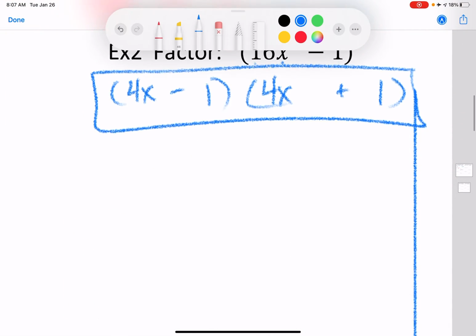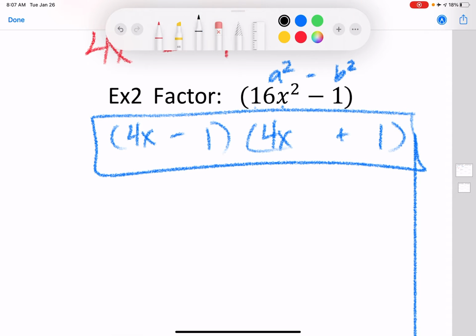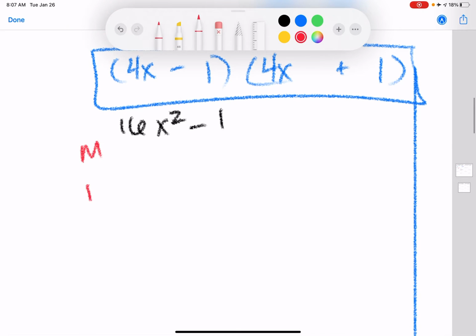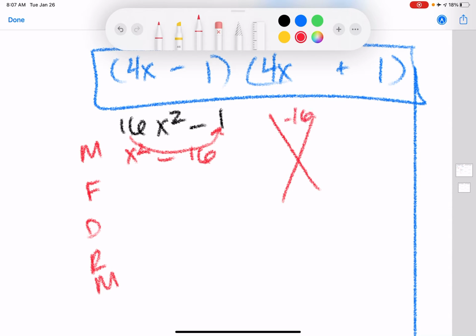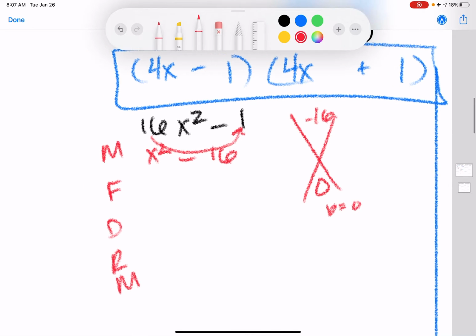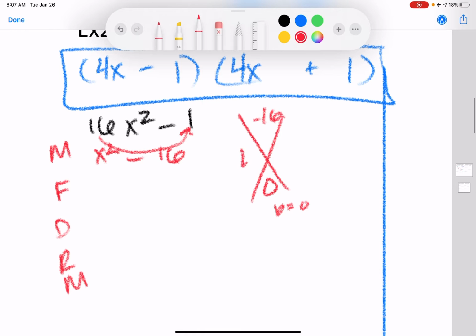Well, why don't we do my fat dog really moves, just in case. So if you've got 16x squared minus 1, we're going to do my fat dog really moves. So you move it on over, and you get x squared minus 16. Factor it. So you get negative 16 and a 0 down here because your b value is 0. Then you get 4 and negative 4.